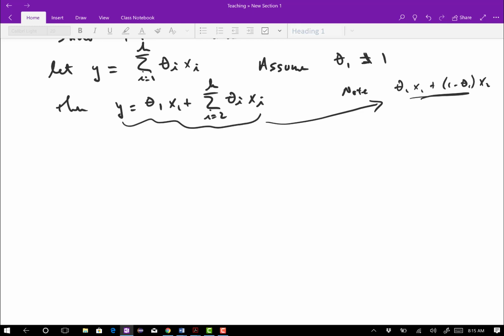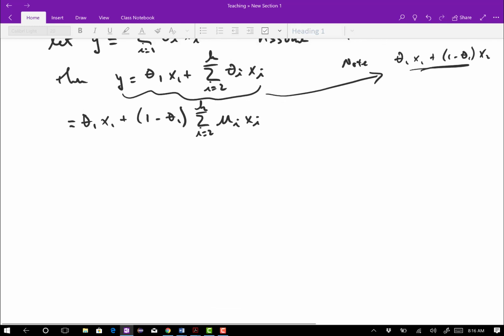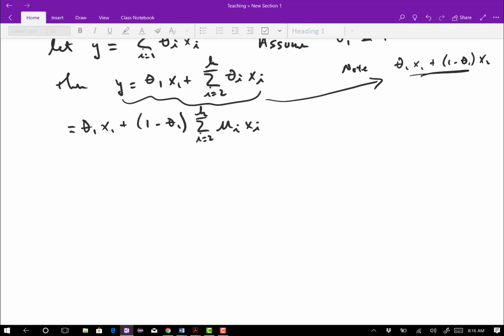Okay, so we can further work on this expression for y. And we could say, well, this is going to be theta 1 x1 plus 1 minus theta 1 times the sum of i ranging from 2 to k of mu i xi. So what we've done here is where in this sum up here we have a different theta multiplying each of the x's.